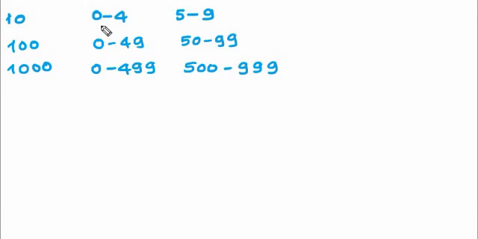If you remember the range 0 to 4 and 5 to 9, it is very easy to remember the next ranges. Here 0 to 49, just add a 9 to the end. Here also to the end of the range we add just a 9. So 4 becomes 49, 9 becomes 99. And in the first one we just add a 0. 5 becomes 50. Here 49 becomes 499. We add a 9 here. 99 becomes 999. We add a 9. And 50 becomes 500. Now this way you can remember these ranges and we will be able to round off easily. So let's take one example.